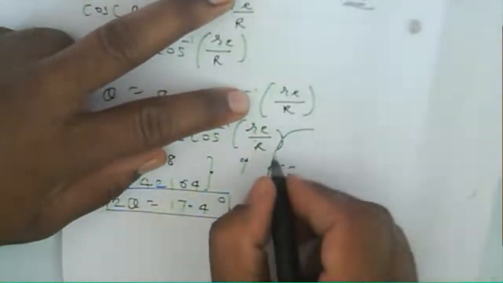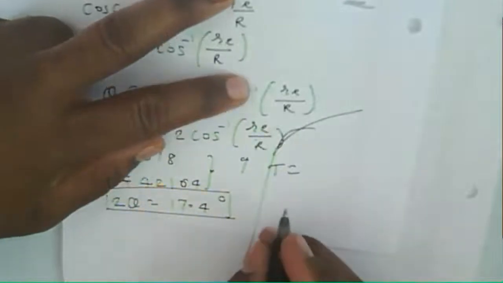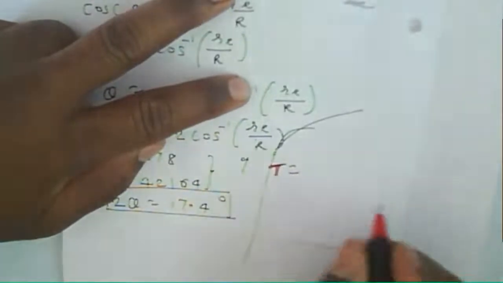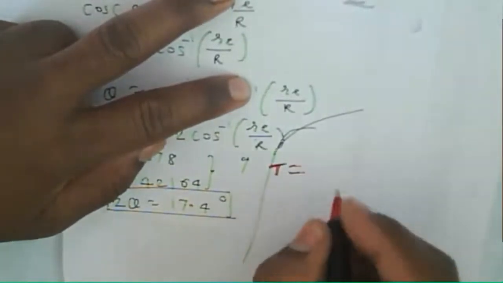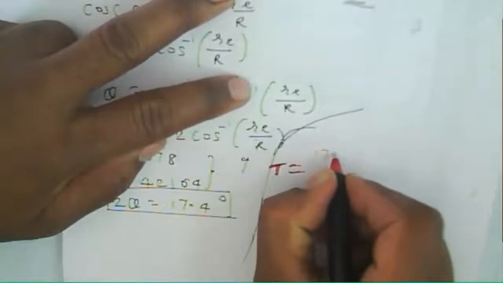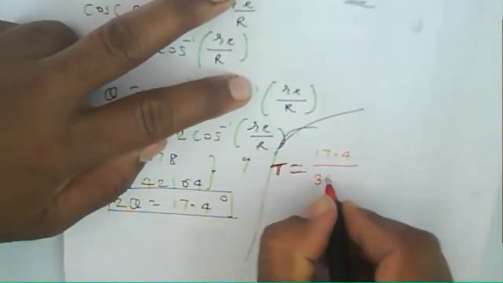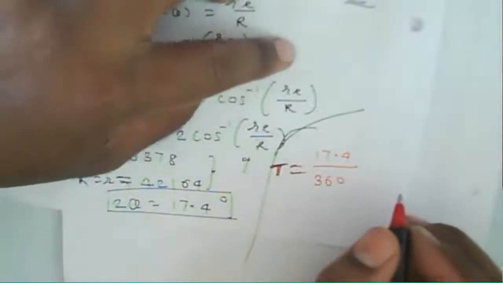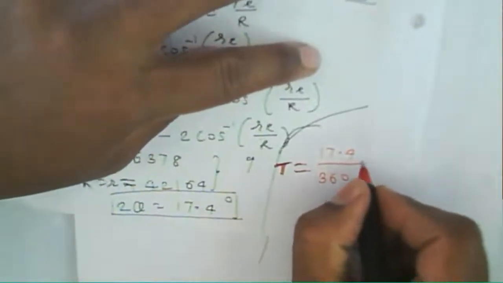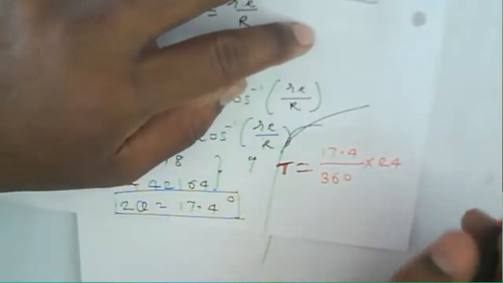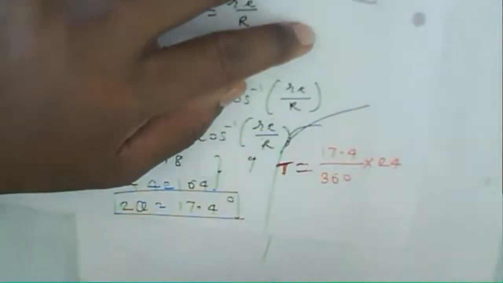So now what will be the time period T? We can calculate the time period T as the angle covered, out of 360 degrees, for the daily period of 24 hours.